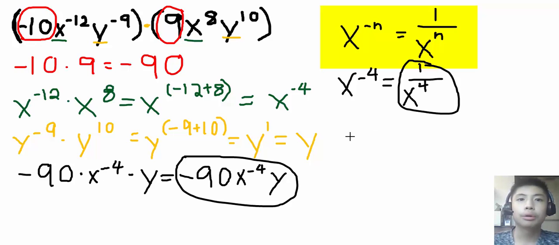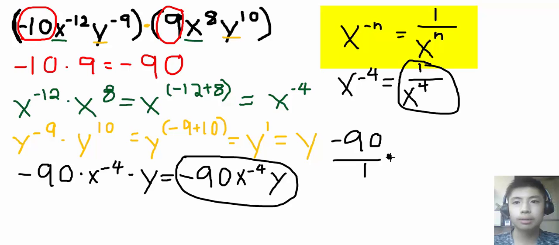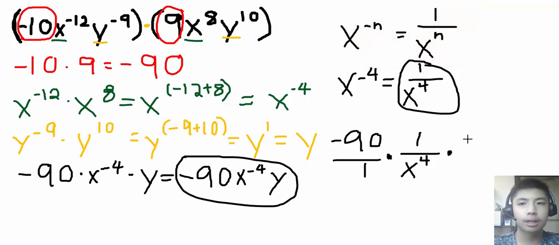So now we plug 1 over x to the fourth back into our original answer, negative 90, which is negative 90 over 1, times 1 over x to the fourth, which we got using that formula right here, times y, which is y over 1.